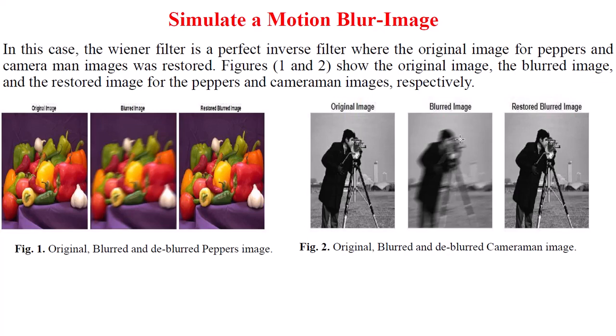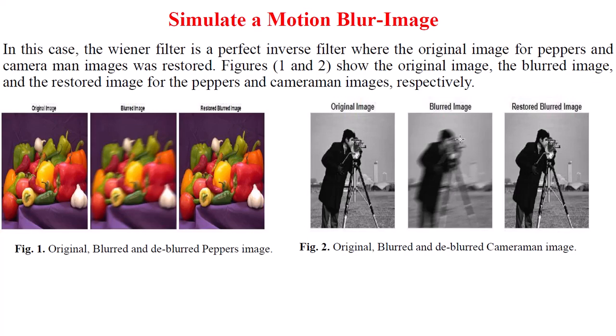So first we take two images. The first image is the paper image, the second image is the cameraman image. Then we add a blur to these two images. Then we use the Wiener filter to remove the blur from the image and restore the original image.